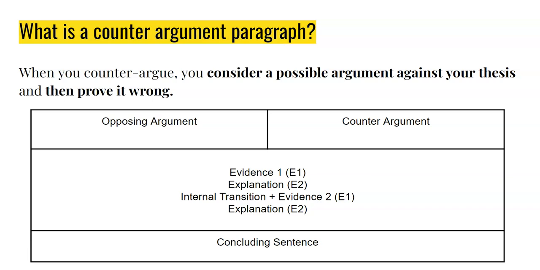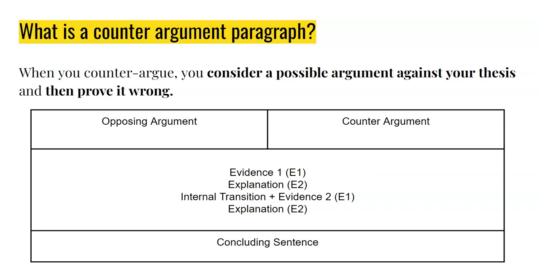Remember, when you counter-argue, you consider a possible argument against your thesis, and then you prove it wrong. So the counter-argument paragraph is technically a body paragraph, but it's structured a little bit differently than the body paragraphs that we talked about last week. Last week when we reviewed body paragraphs, we talked about how they start with a transition word and a topic sentence and how we get those ideas from our thesis statement.